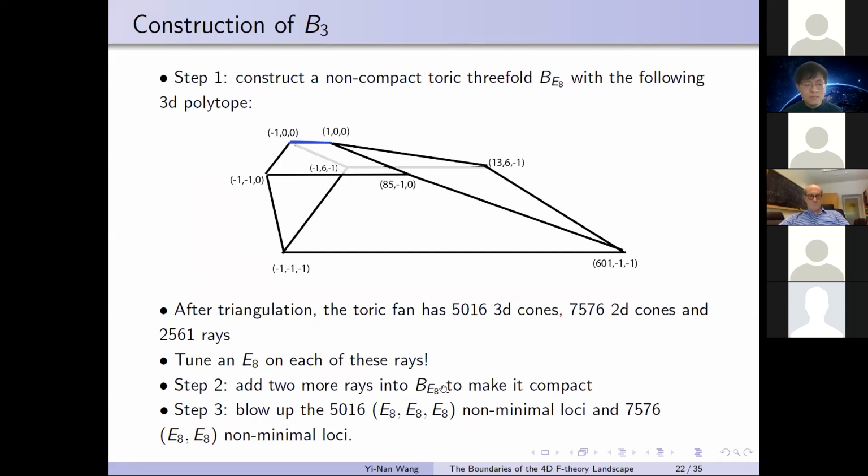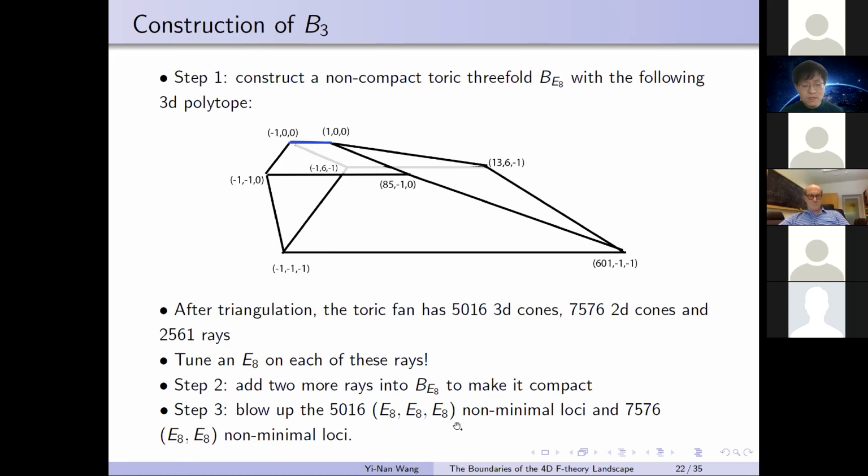So now after step 2, we still have an enormous base threefold with a lot of E8 gauge groups sitting next to each other. Then of course you expect that there exists a huge number of these non-minimal loci, either codimension 3 or codimension 2. And those things need to be blown up in order to get a good fibration in the end.